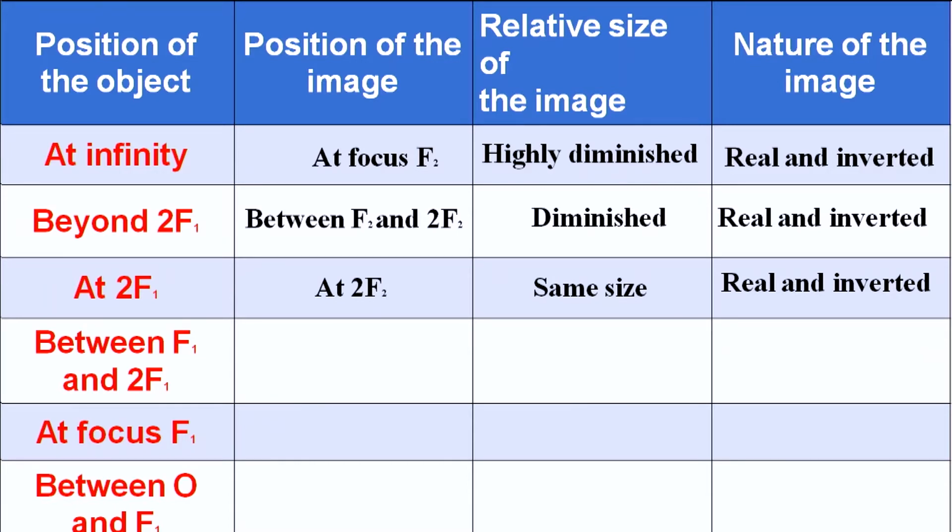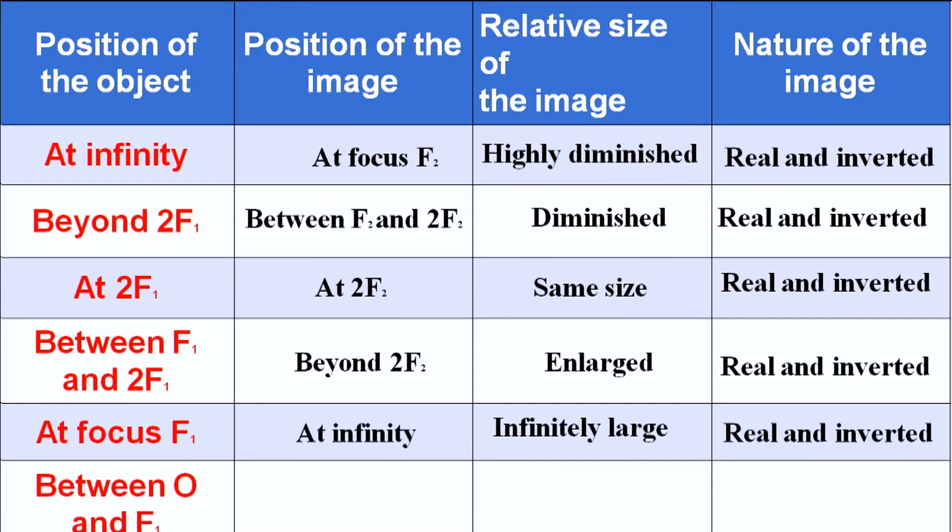Then what about when the object is placed between f1 and 2f1? It is easy to remember, the image is formed beyond 2f2, the image is enlarged and the nature of the image is real and inverted. When the object is placed at the principal focus, that is at f1, the image position is at infinity, the relative size is infinitely large, and the nature of the image is real and inverted.